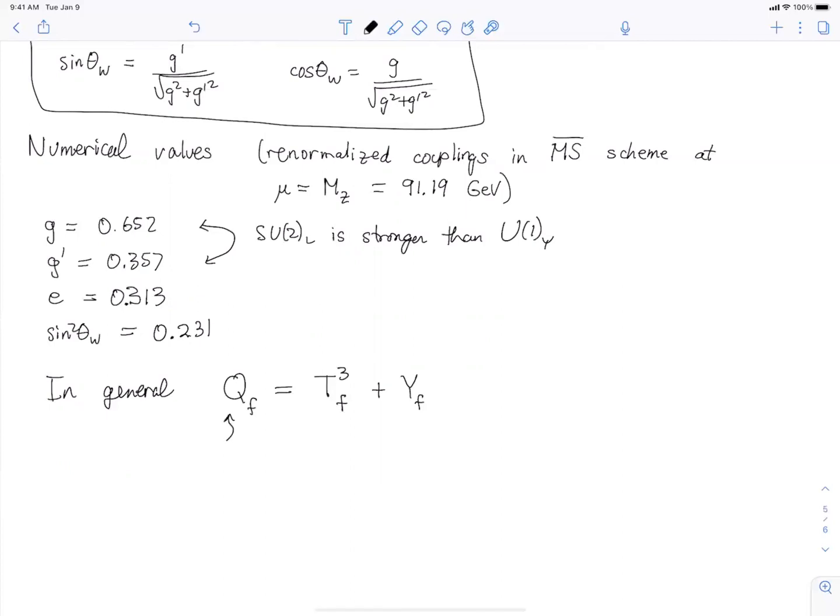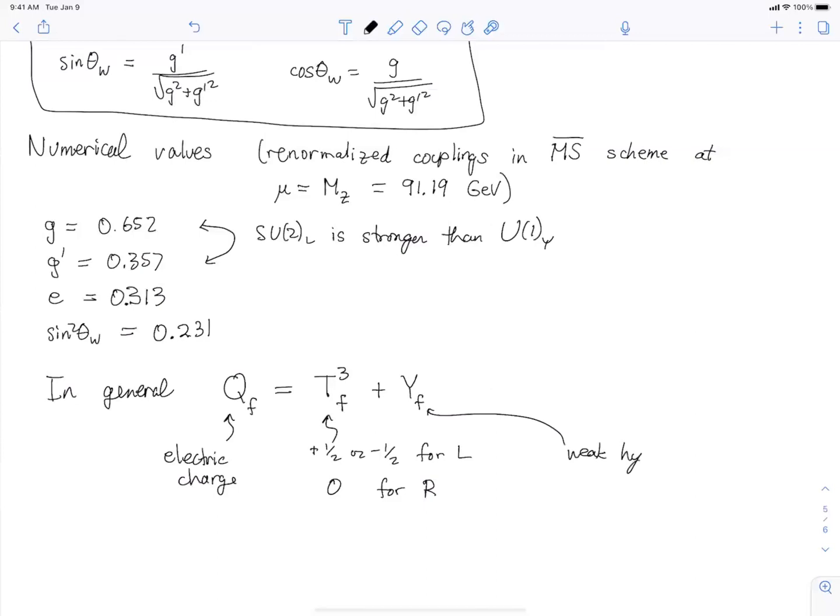Okay, so this is electric charge. This T3F is +1/2 or -1/2 for left-handed fermions, depending on whether it's the upper or lower component of the doublet. And it's 0 for right-handed fermions. And this Y sub F is the weak hypercharge.